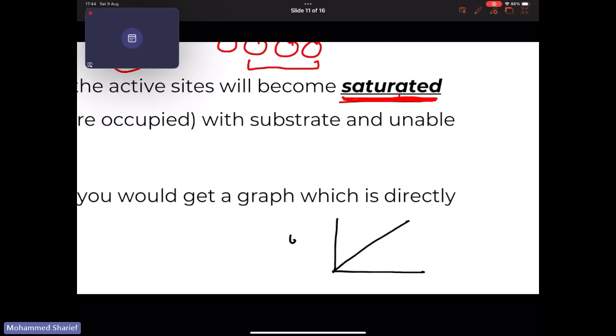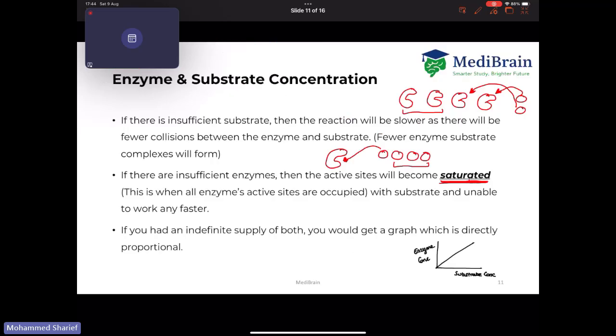You will have enzyme concentration and you would have substrate concentration. And because there's an indefinite supply of both, that means it will be directly proportional, because there's nothing being limiting in that scenario.